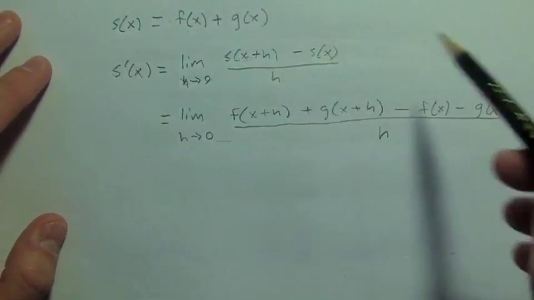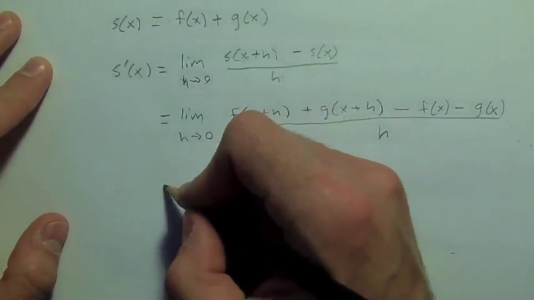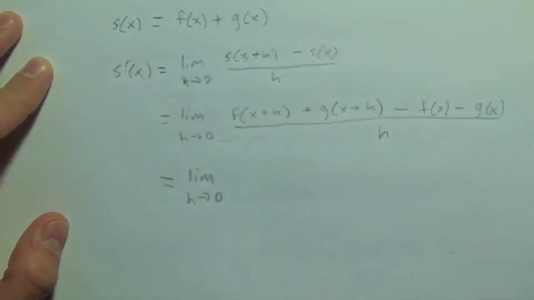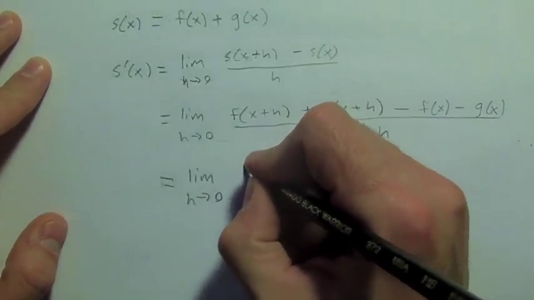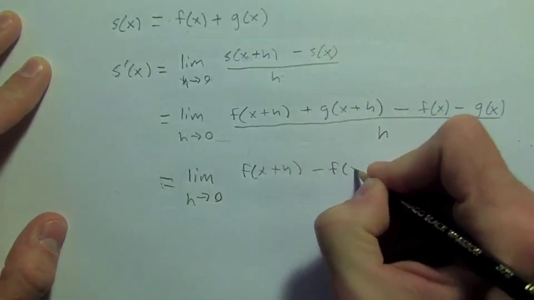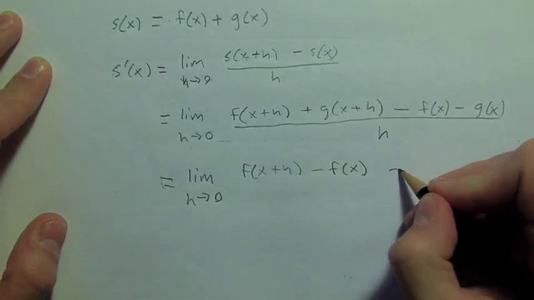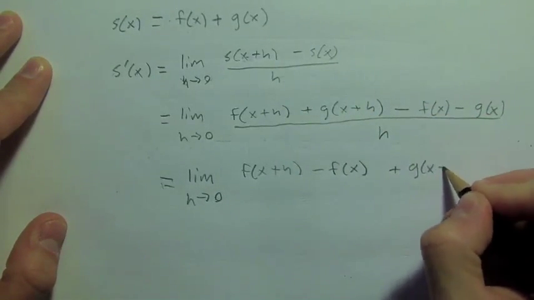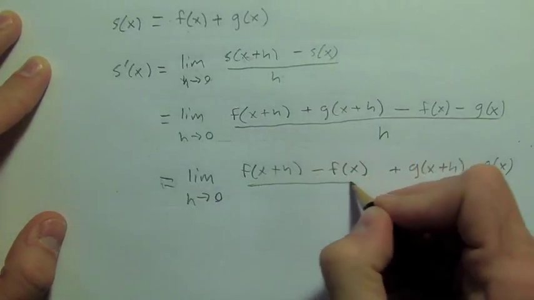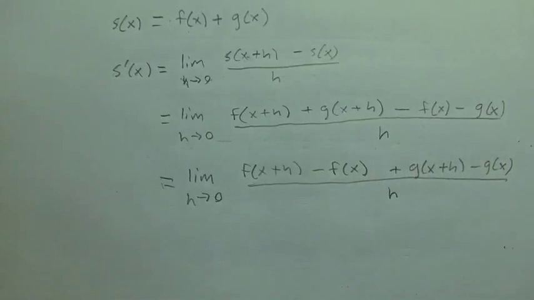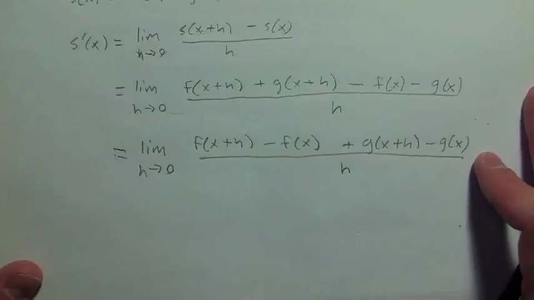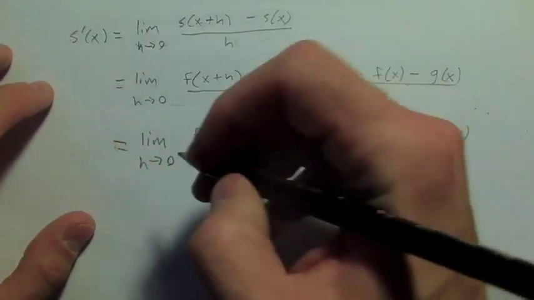Now I'm going to group my g's and my f's together. All right, so I'll get the limit as h goes to 0 of f of x plus h minus f of x, then plus g of x plus h minus g of x, all over h. And then almost the last thing I'm going to do is split this fraction up, right?